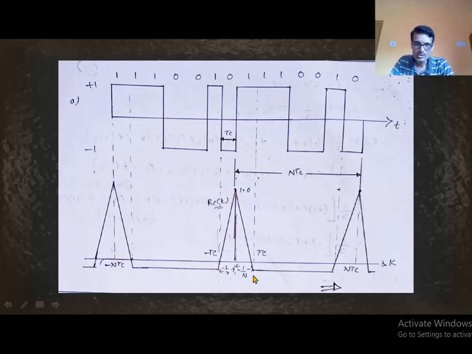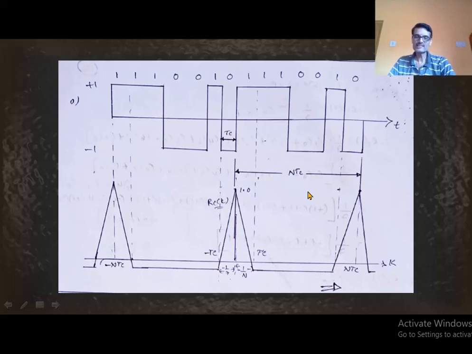For n not equal to 0, for all the values, it is minus 1 by 7. Again for n equal to 0, it is 1, and it decreases here. For n not equal to 0, it is minus 1 by 7. So this is the autocorrelation function that I will get, minus 1 by 7, and it is periodic because it is repeating for every sequence.